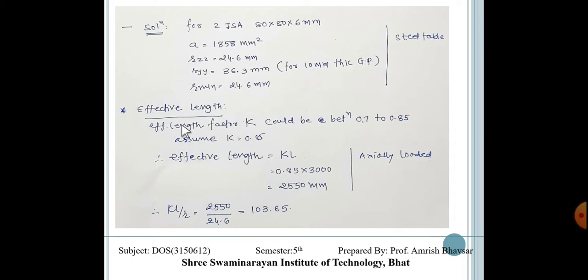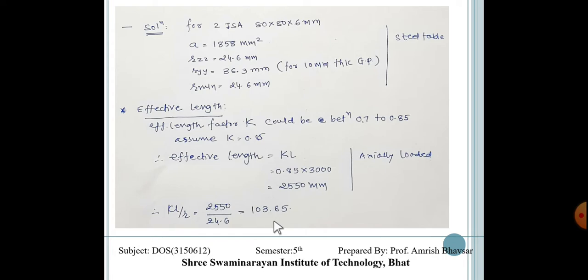Now, the effective length for this case depends on KL, and K is equal to 0.85, as given in the code. So the effective length is 0.85 into 3000, which is 2550 mm. Now, what is happening over here? KL upon r is 2550 upon 24.6, so it is 103.65.